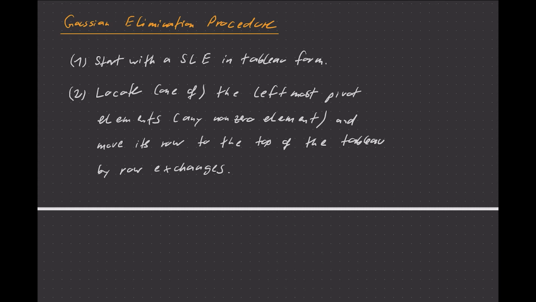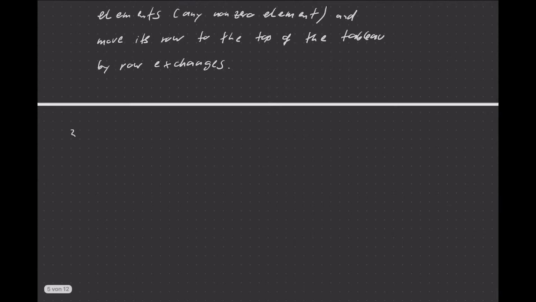Second thing we do, and then we use this pivot element and the corresponding row to produce zeros in the tableau below that pivot element. That is idea number 3. Basically, the sketch of what we're doing is we start with the tableau.